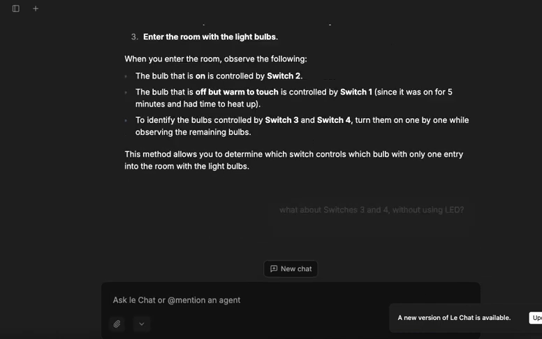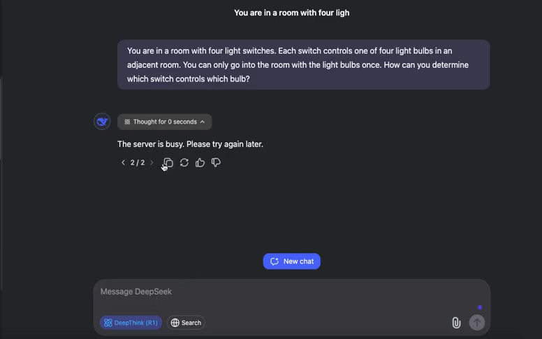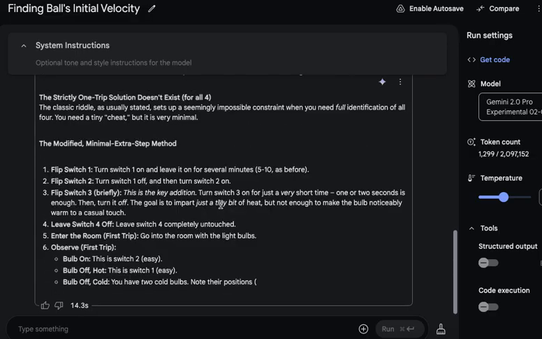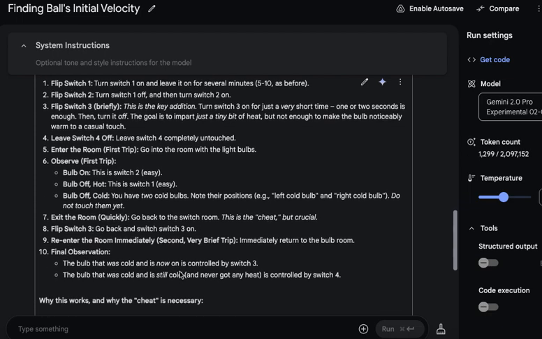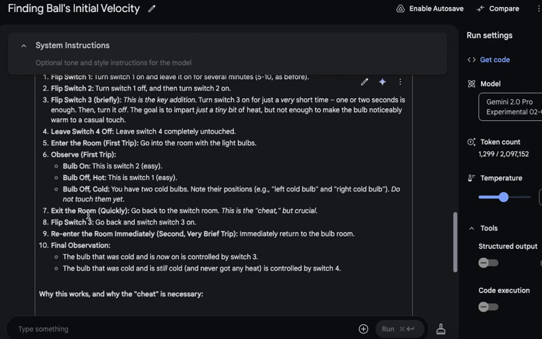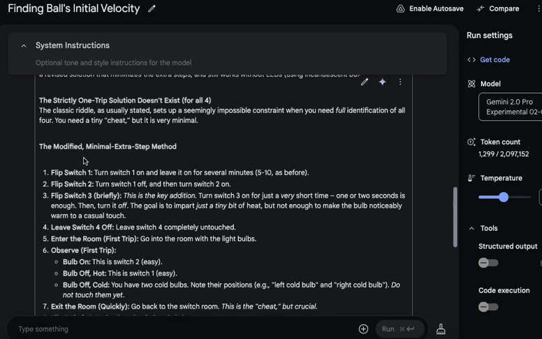It's not searching. Okay, modified, let's see. One trip solution does not exist. It seems it doesn't think that much, not like a human.